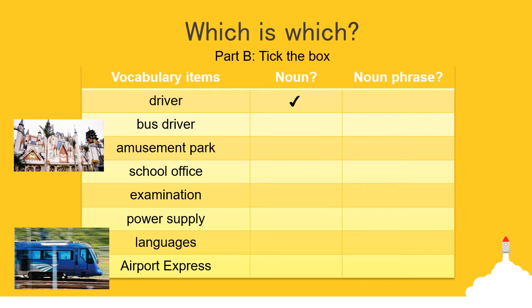The first one, driver, is obviously a noun. Second one, bus driver, is a noun phrase. Number 3, amusement park, a noun phrase. School office, a noun phrase. Examination, a noun. Power supply, noun phrase. Languages, noun. And the last one, airport express, noun phrase.